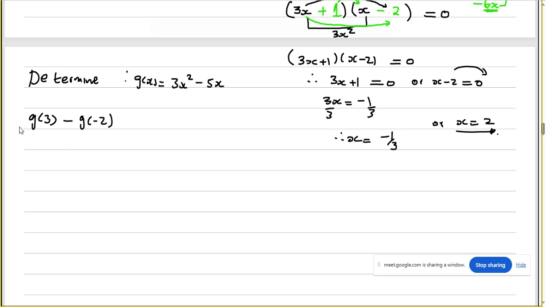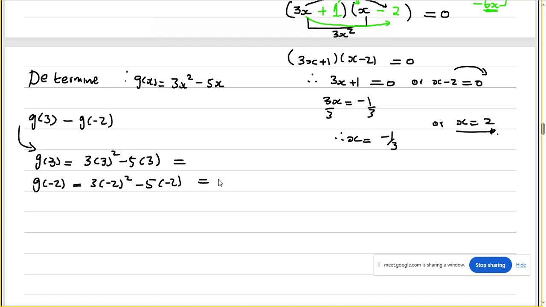So now what you're going to do, you need to first find g at 3, where there's x, substitute that 3. Then you'll get the answer. You do the same, you find g at minus 2, where there's x, put that minus 2. Then you find the answer.